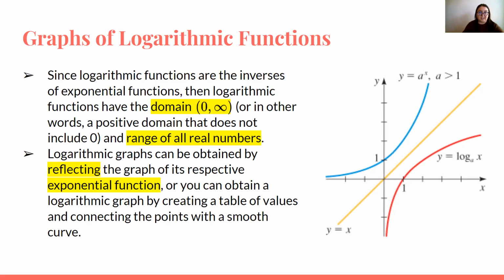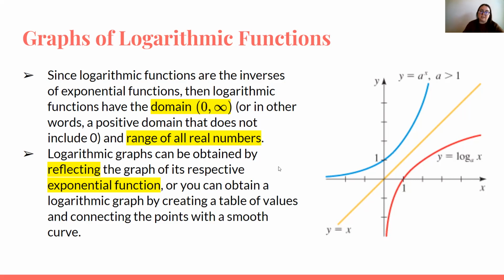You cannot take a logarithm of 0. So that's what you want to remember. You cannot take a logarithm of any base of 0, which means that your domain has to be all positive values of whatever's inside your parentheses for your logarithmic functions. We've got a problem like that next.